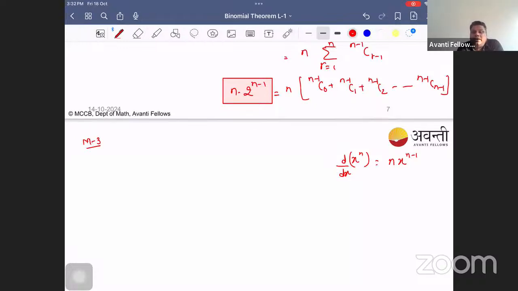The derivative of x to the power n is n x to the power n minus 1. Vaishnavi? What is this derivative?